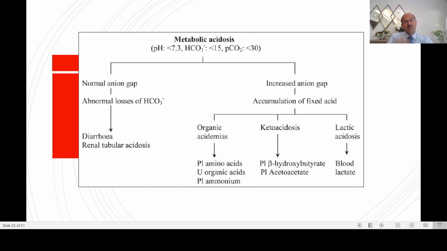So this is a summary of metabolic acidosis, where the pH is normally less than 7.3 and bicarbonate is less than 15. We must have gone through this. In terms of normal anion gap, we have abnormal losses of bicarbonate like diarrhea or renal tubular acidosis, and increased anion gap where you have accumulation of fixed acid. This is less common. It can be ketoacidosis, organic acidemias, accumulation of toxins, and lactic acidosis, like blood lactate.